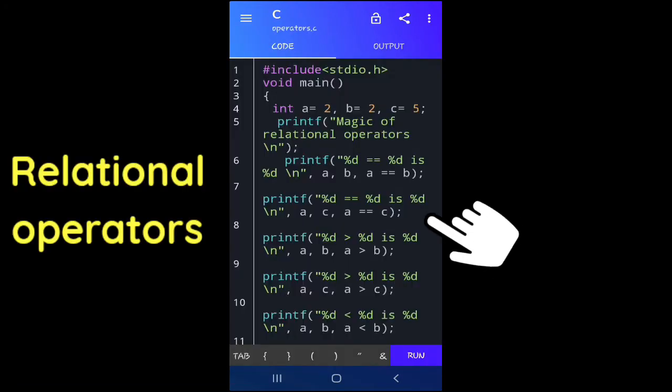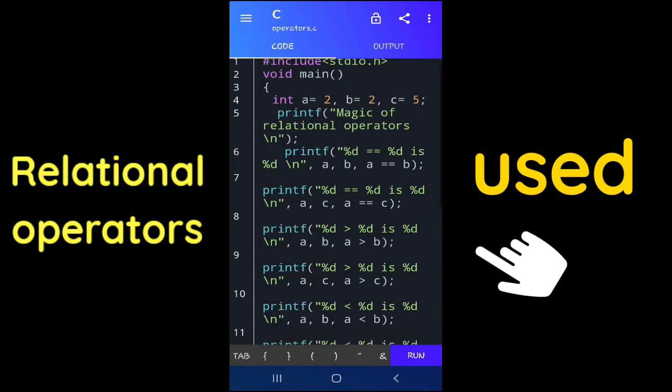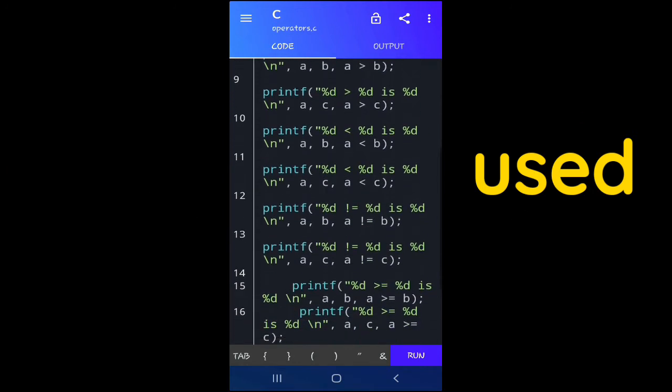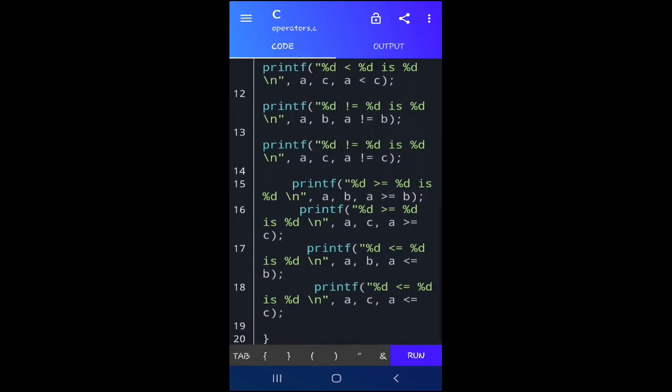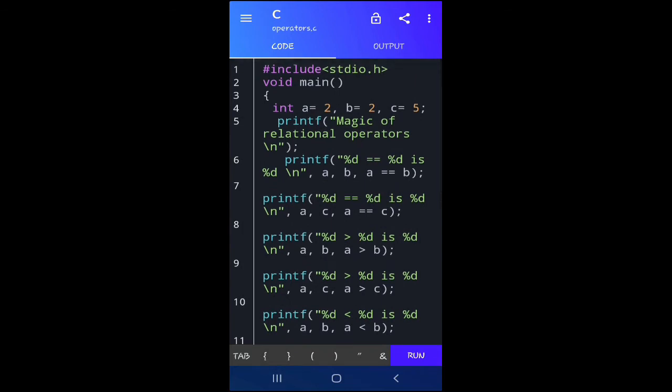Okay guys, here I am with the example program, and this is the simplest program, widely used to help beginners understand relational operators in C. This is the program I have chosen and written here, and let me explain it, run it and see the output. I have taken three variables a, b, c and assigned 2, 2 and 5 respectively, and I added one more printf statement, that is the magic of relational operators.